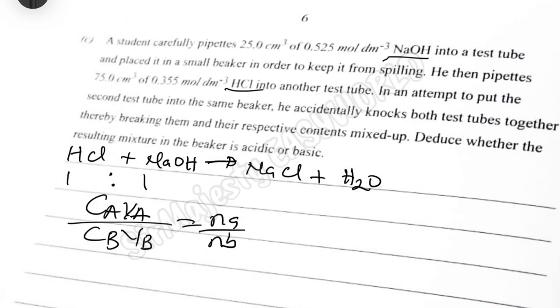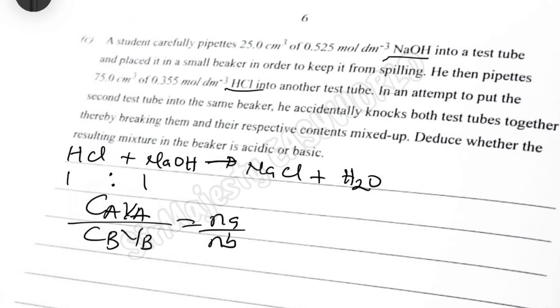If CBVB is more than CAVA, it means that the solution is basic, because this is for the base, that's for the sodium hydroxide. But if the product CAVA is more than the product CBVB, it automatically shows that the solution is acidic. The reason is that it's already established that Na is 1 and Nb is also 1.